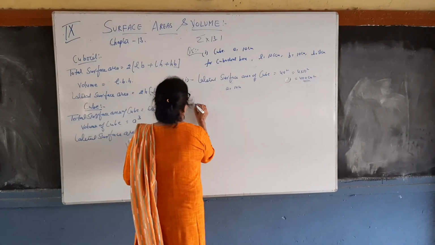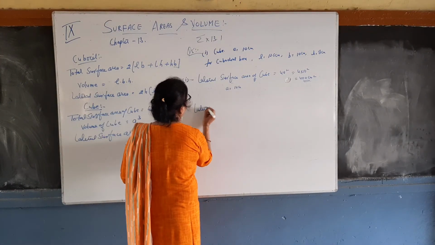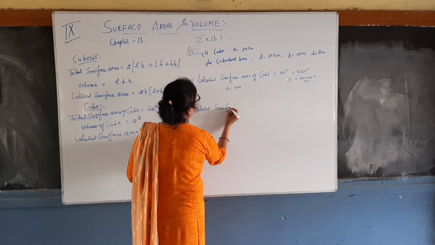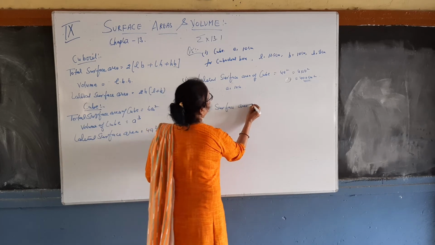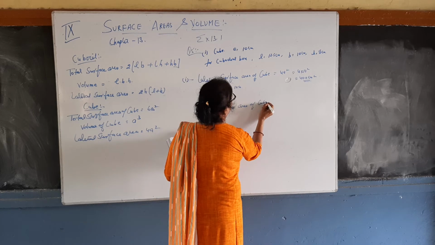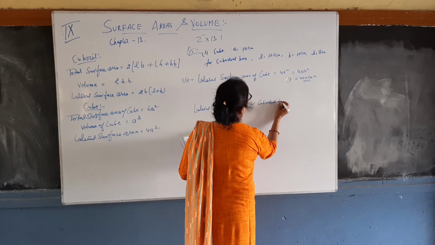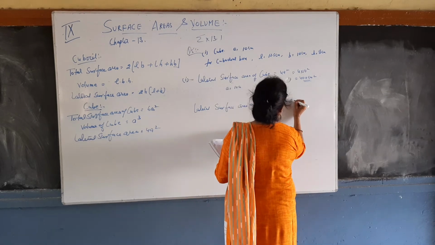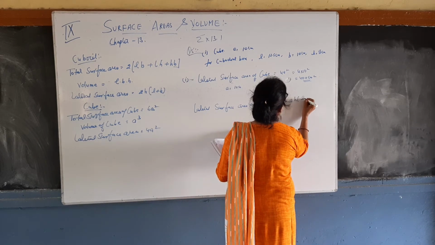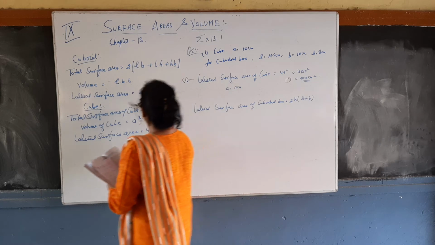Then lateral surface area of cuboid box is 2H(L + B). I have given you the formula.